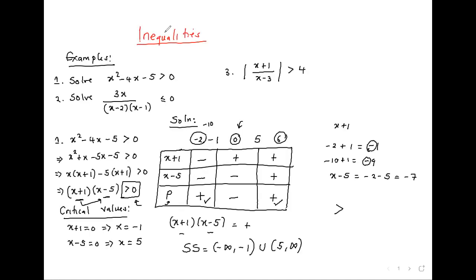3x over x minus 2 and x minus 1 is less or equal to 0.